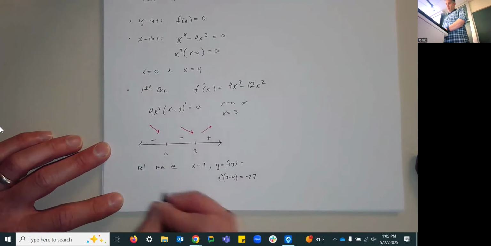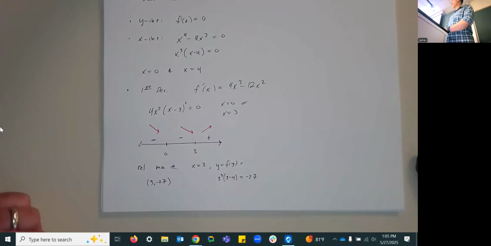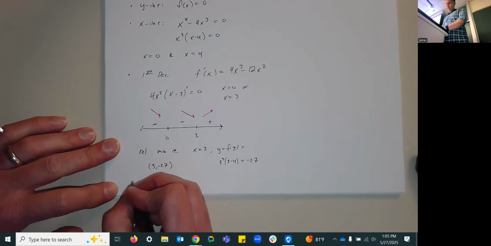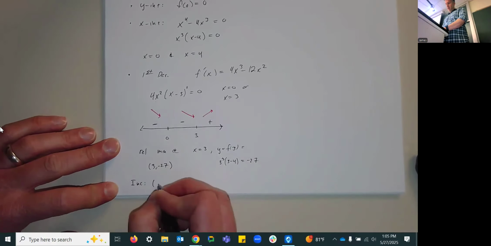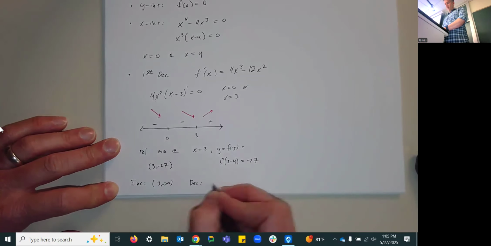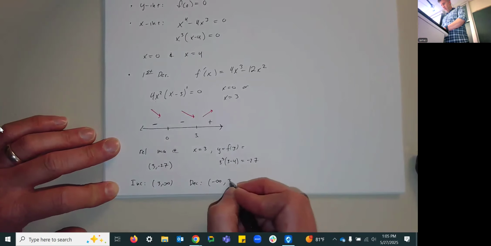So my relative minimum is 3 comma negative 27. And I would say it's increasing on the interval from 3 to infinity, and it's decreasing on the interval from negative infinity to 3.